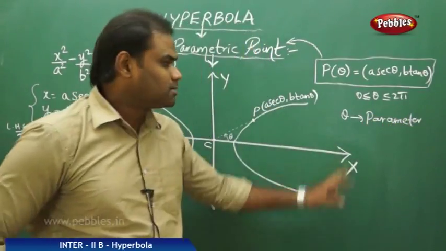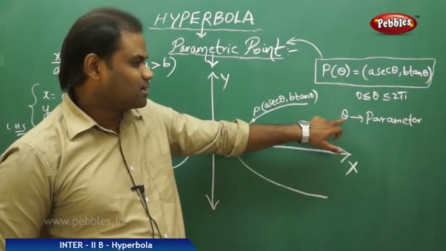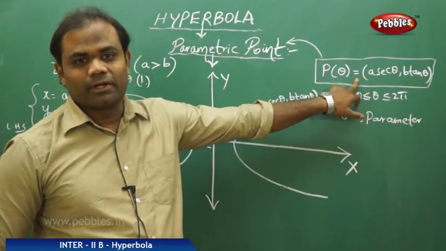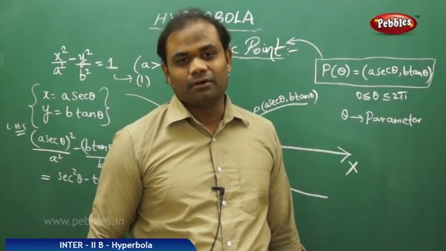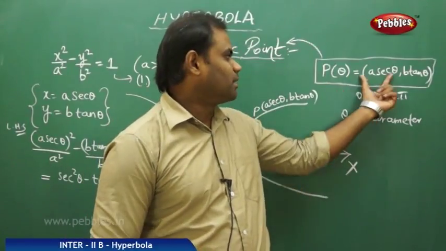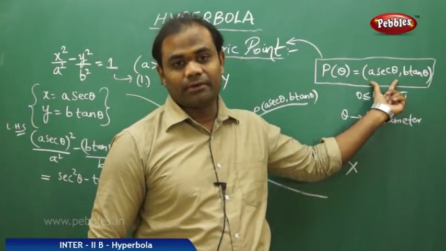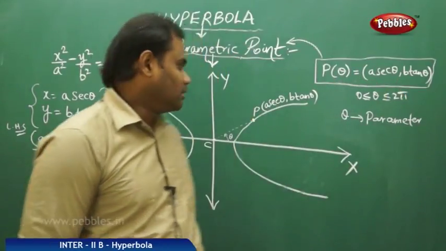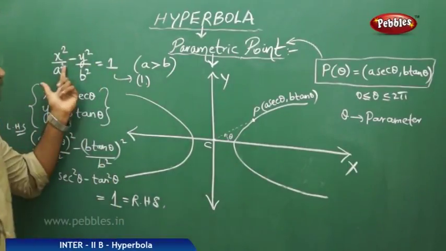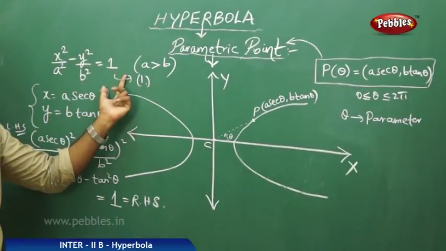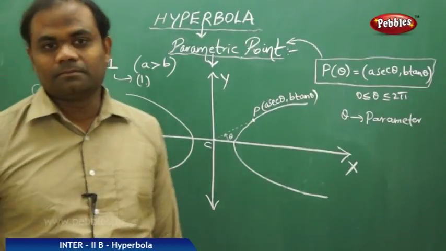As the angle changes, the point changes. So this is the criteria for changing of the point, and hence it is the parameter or the decision factor for the parametric point. Theta is the parameter, P of theta is the parametric point of the hyperbola x squared by a squared minus y squared by b squared equal to 1 with a greater than b.